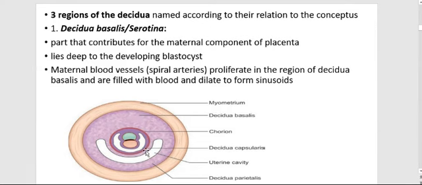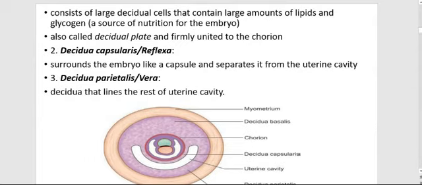And then we have that other part, which surrounds the conceptus, the blastocyst, like a capsule. This one is called the decidua capsularis.